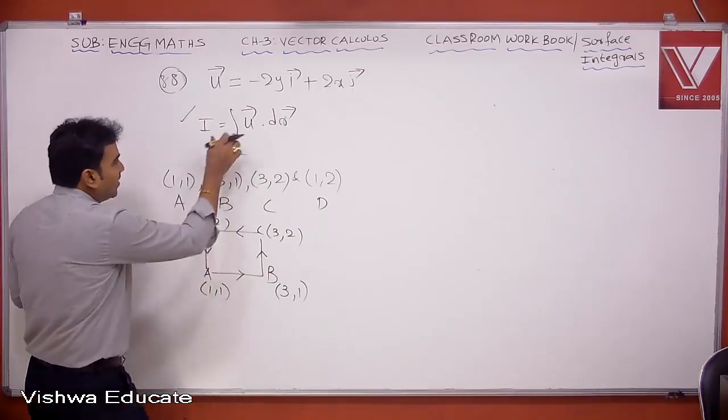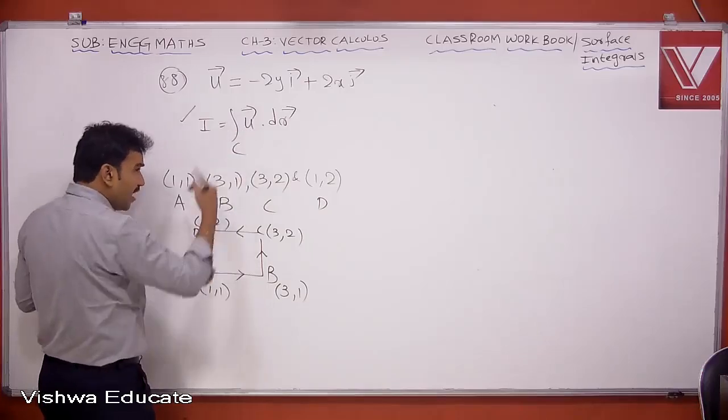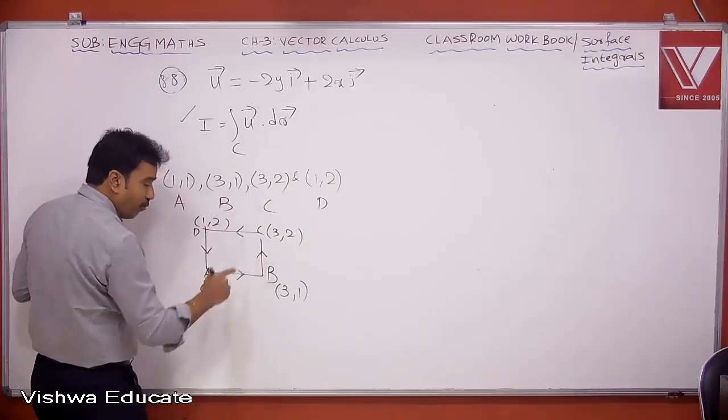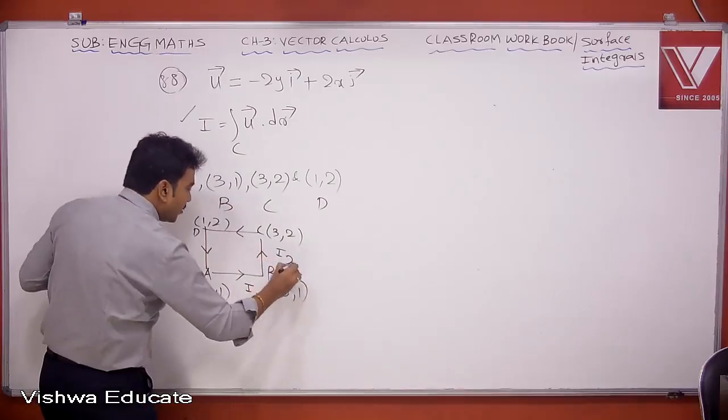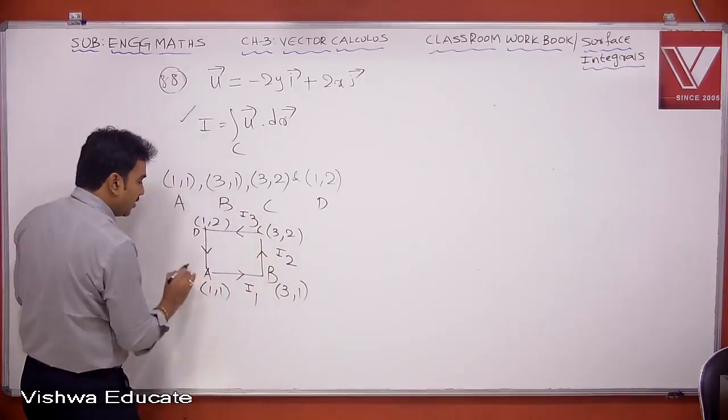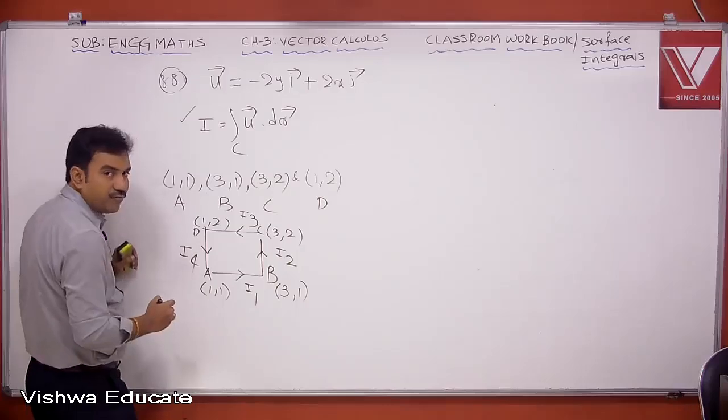So assume that this line integral is obtained by taking all the 4 paths. This is I1, for example, this is I2, in this direction this is I3, and in this direction this is I4.